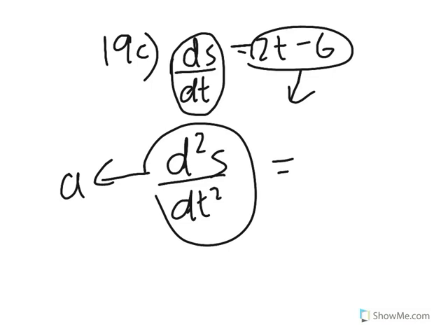So 2t to the power of 1, you take 2, so you get 2, and minus 6 simplifies to 0. So acceleration is nothing but 2. Because 1 gets multiplied by 2, and t to the power of 1 minus 1 is t to the power of 0, which is 1. So it becomes 2, and minus 6 is a constant, so when it gets differentiated, it becomes 0. So acceleration just becomes 2.